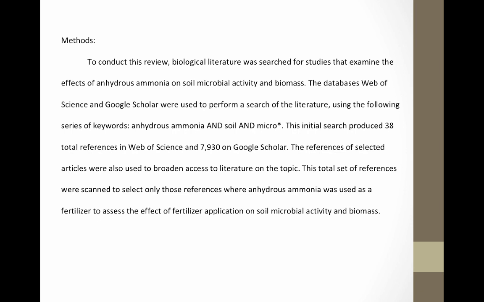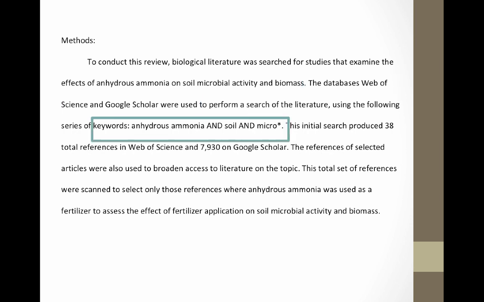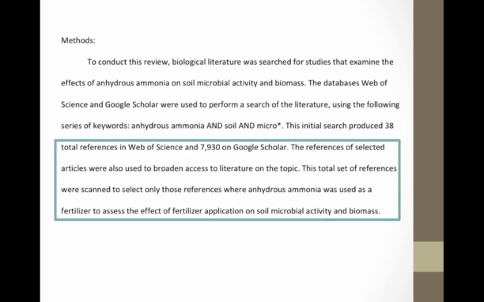And so here are some interesting features of this. Right at the beginning, after one sentence to describe, again, the goal of the review and the goal of the literature search, we see that this person has used Web of Science and Google Scholar. This is followed by a set of the keywords that this person used and the results of that search.